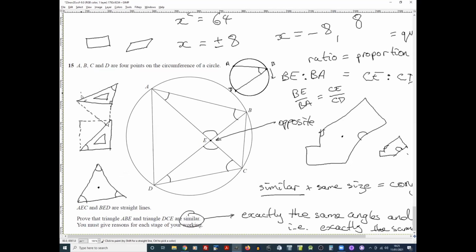Whereas this one then will be 30, because these two have to add up to 90. That's one reason.